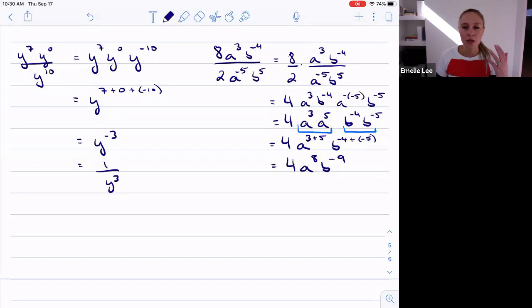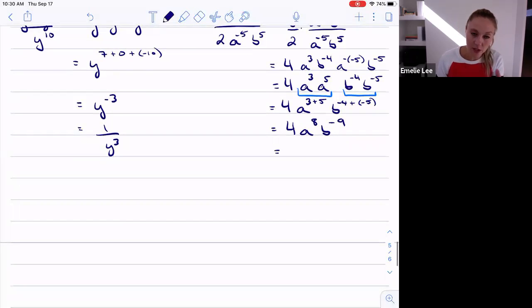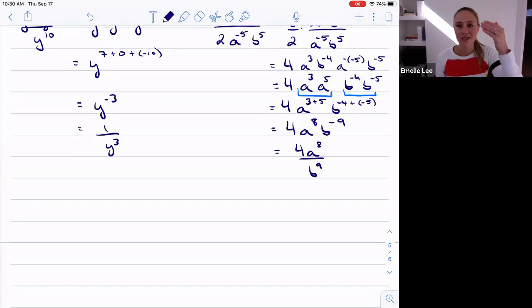But to avoid having these negative powers, you can rewrite it. You don't have to, but you can take it the extra step and say that's the same as 4a to the power of 8 over b to the power of 9, right? And then when I move it down to the denominator, that's when it loses that negative.